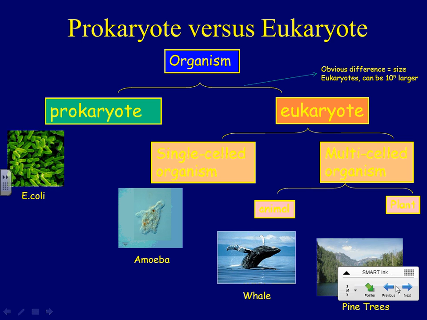Essentially, we're saying if you have all organisms, then those organisms can be broken down into two main cell types. They're called prokaryote and eukaryote.